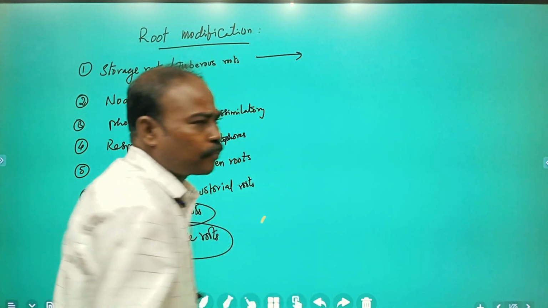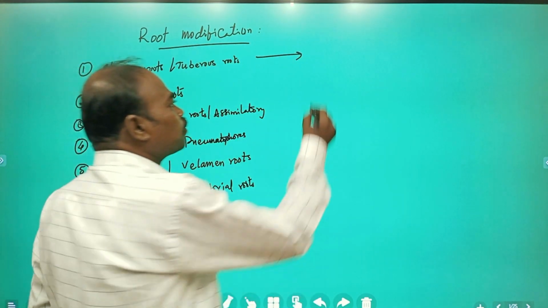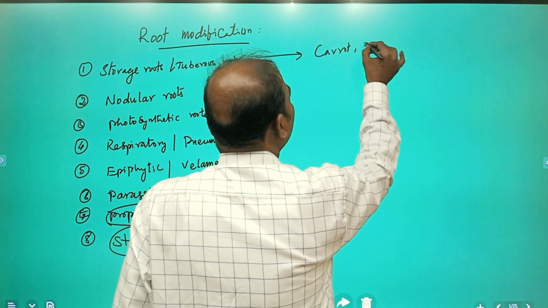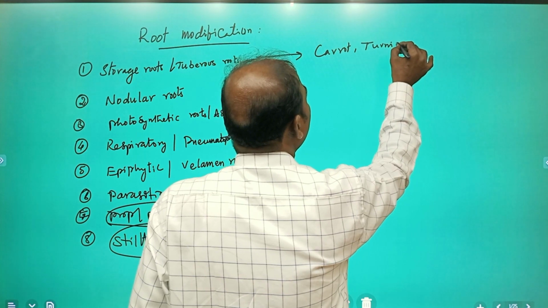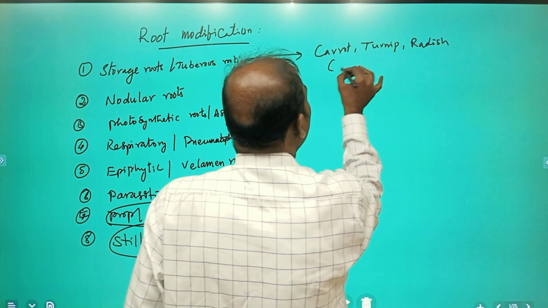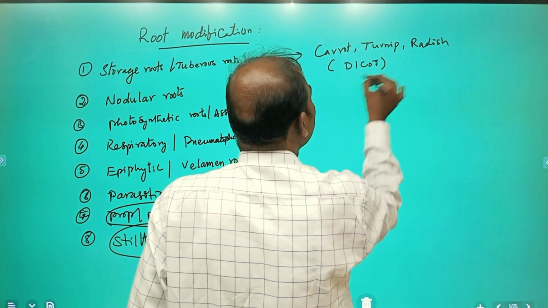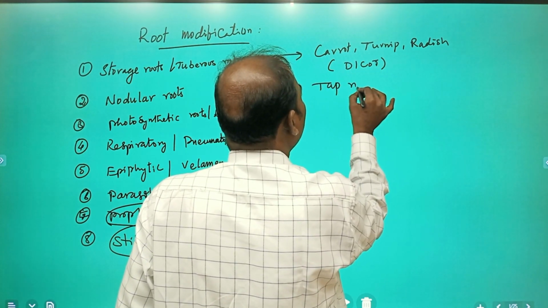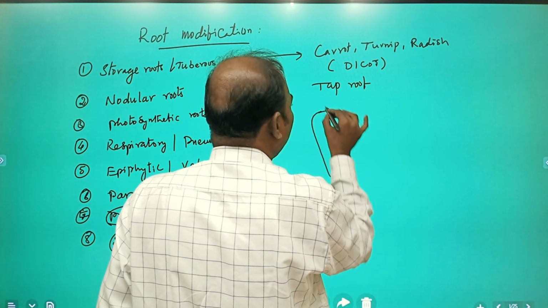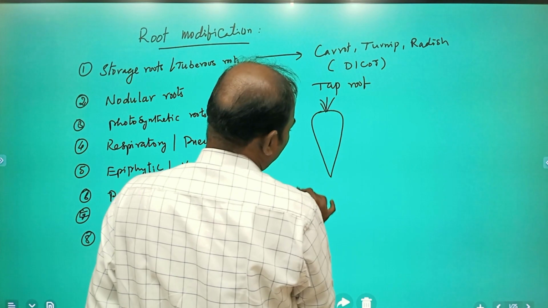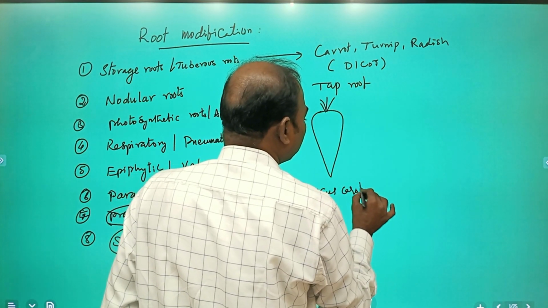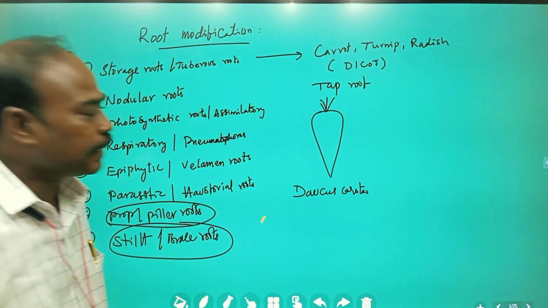In some plants like carrot, turnip, and radish, which belong to dicot plants, the taproot is modified to store food material and becomes bulged. Daucus carota is the scientific name of carrot.